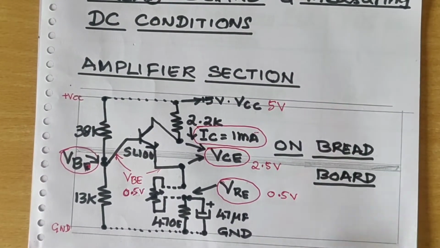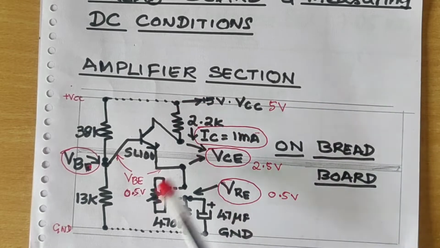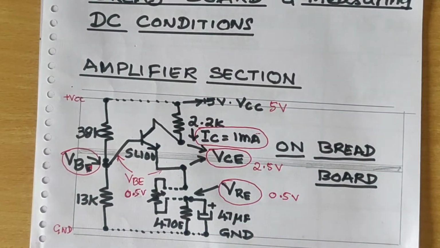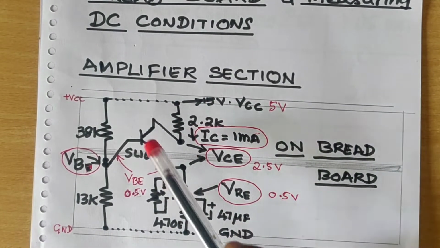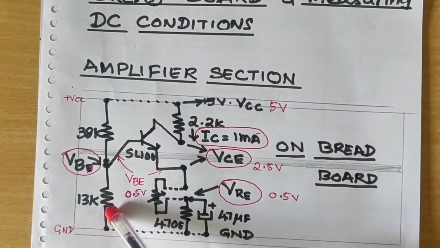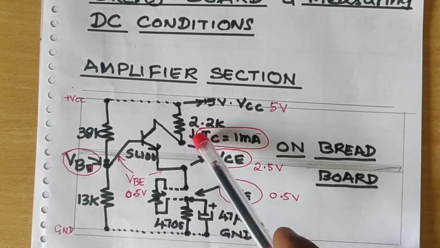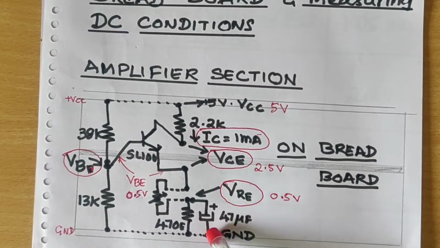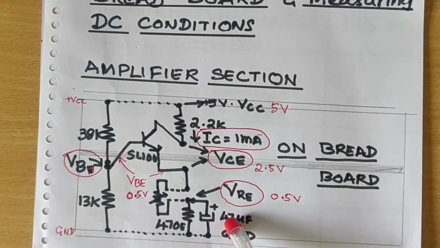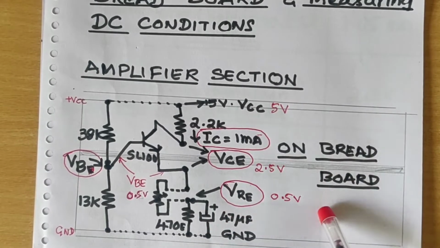See, what you have to do is, in the beginning, you need not rig up the tank circuit and all those things. You have to rig up R1, R2, RC and RE. This CE is not required while measuring the DC conditions on the breadboard.